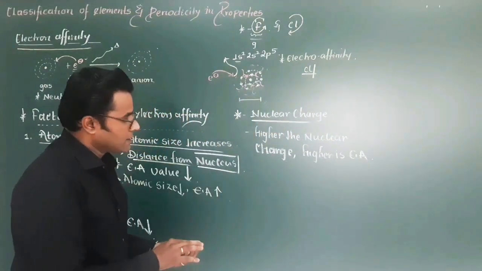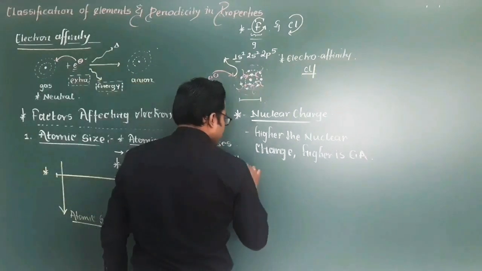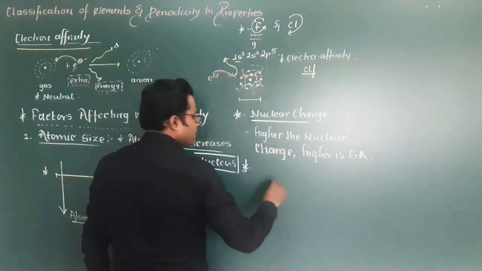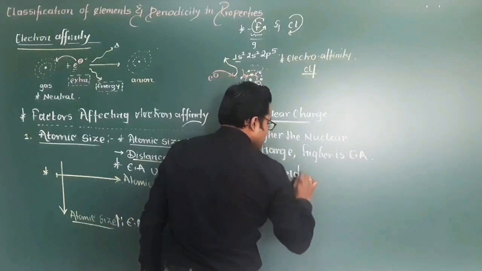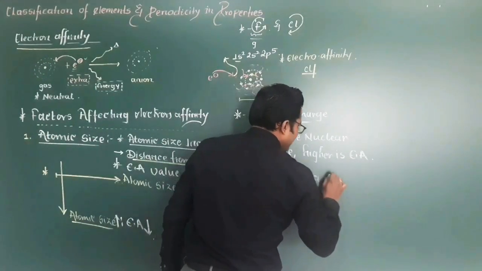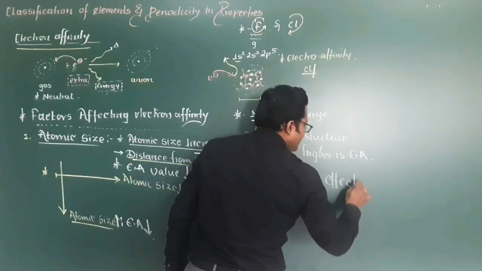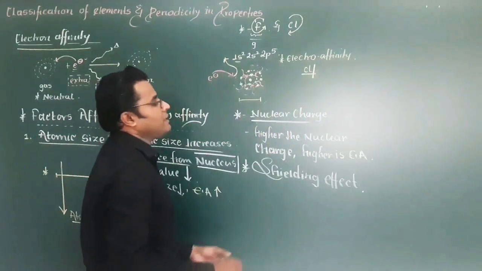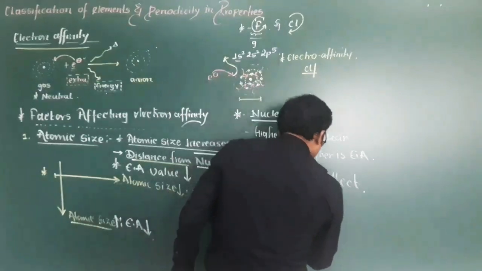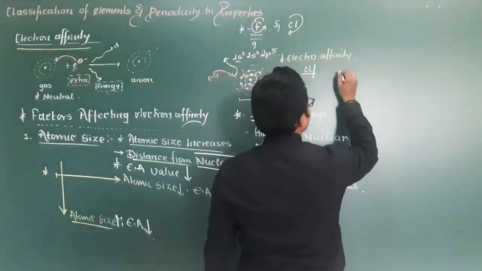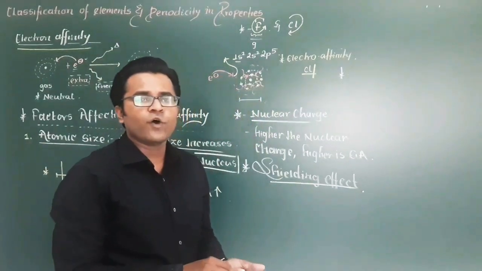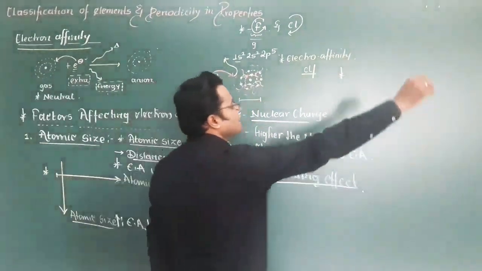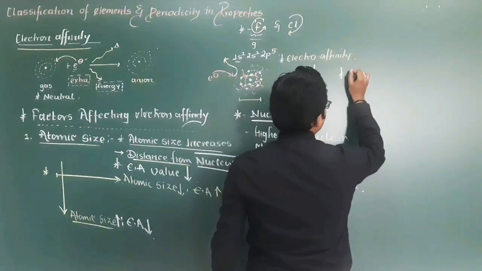Right? Coming to the last factor which is going to affect, that is the shielding effect. We have already seen what a shielding effect is. Now, in order to understand the shielding effect once more in a proper manner, we will take into consideration an atom like aluminium.